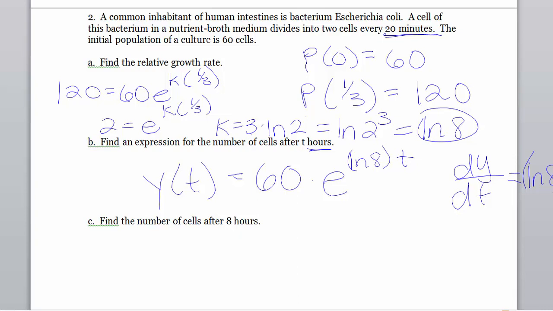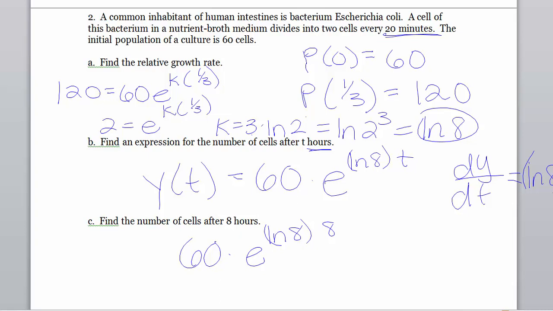So I would use this function and I would just plug in 8. To find the number of cells, and I think you get a very large number, so I would have 60 times e to the natural log of 8 times 8 hours. Okay, and I don't think I wrote the actual answer, but you see what you're doing.